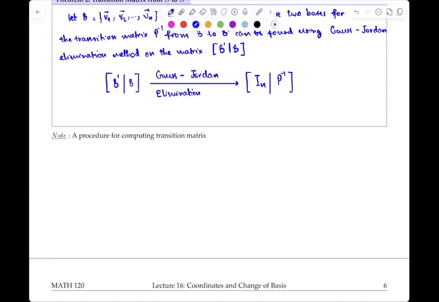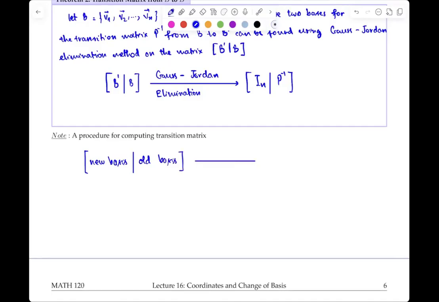So what you see here is that in terms of the procedure, you need to put the new basis here, and on the right-hand side of the vertical line is then the old basis.